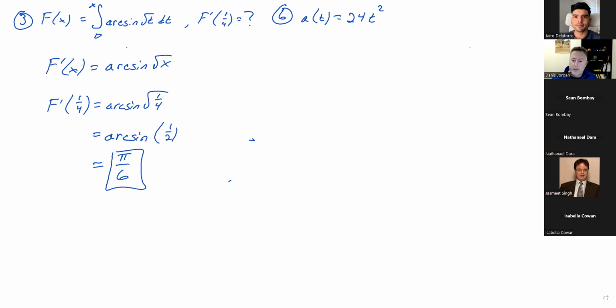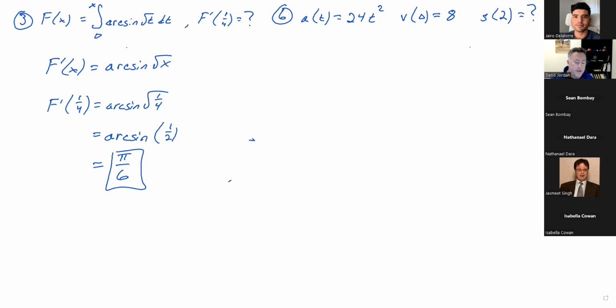Okay, so they gave us acceleration. They gave you the velocity. So v of 0 is 8. And then they want the position. Okay, so you need to know how position, velocity, and acceleration are all related to each other.